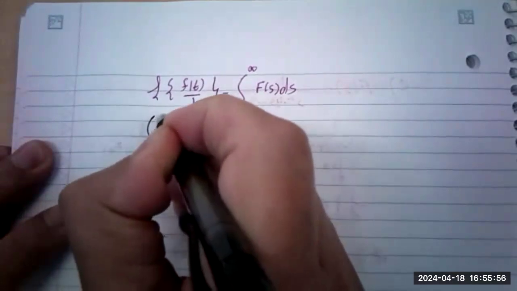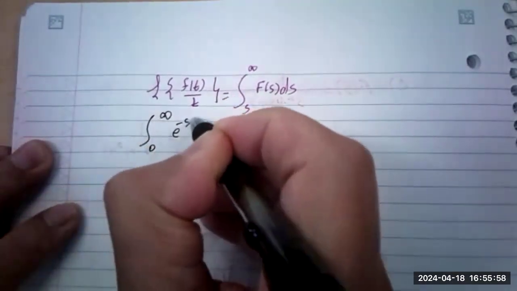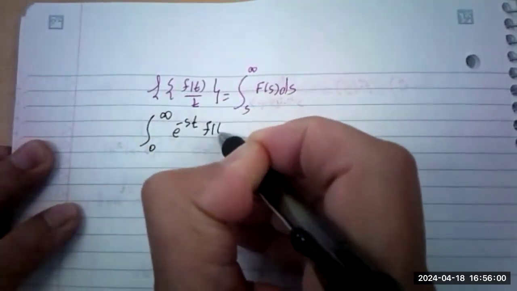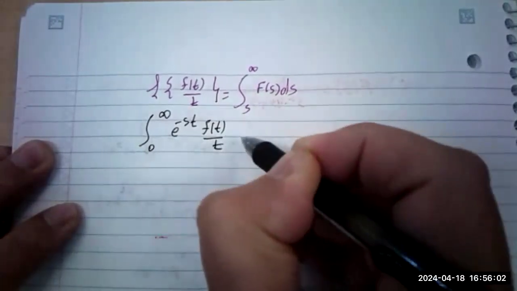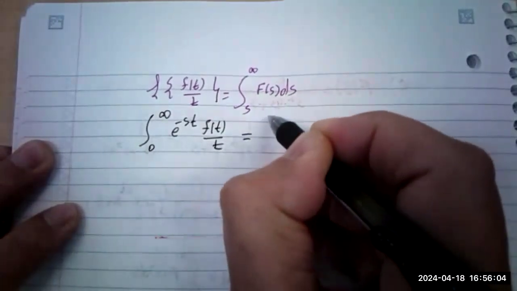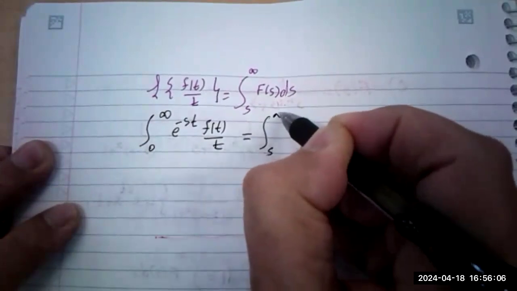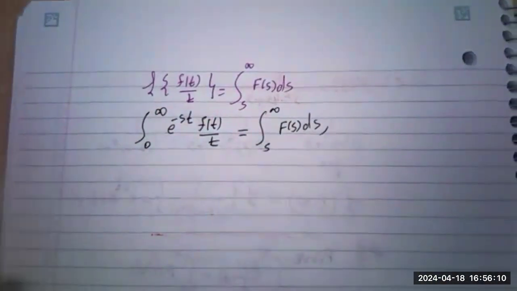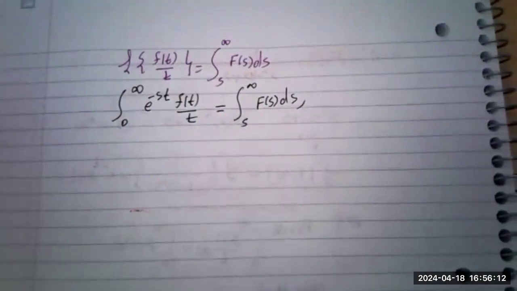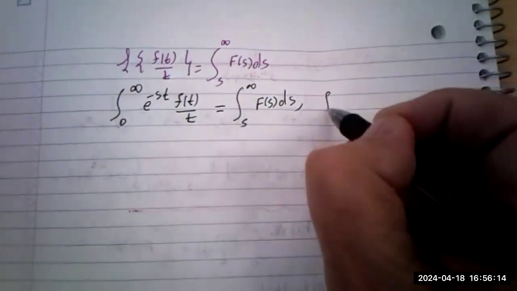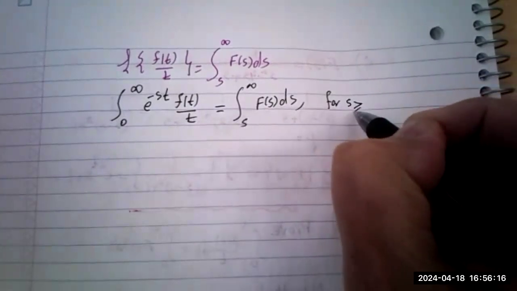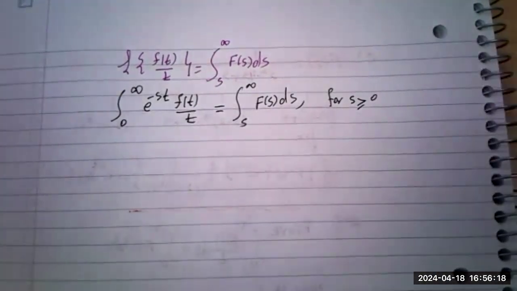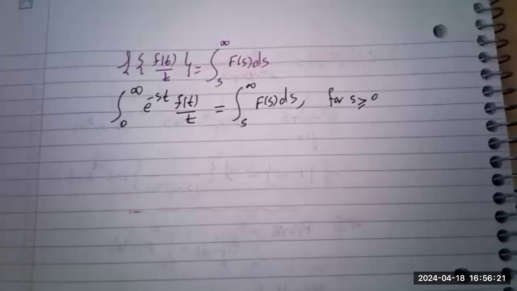The integral from 0 to infinity of e to the negative st times f of t over t is equal to the integral from s to infinity of F of s ds. And this would be true for all s greater than or equal to 0. Any question?